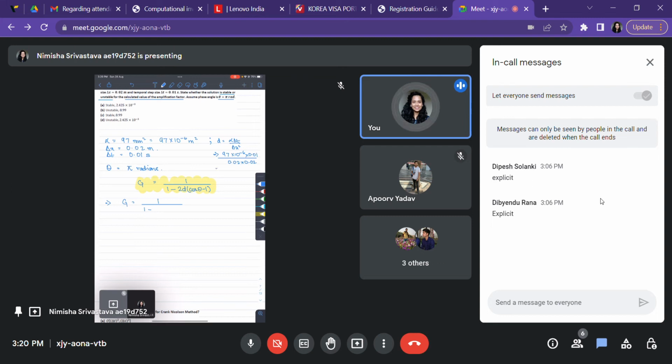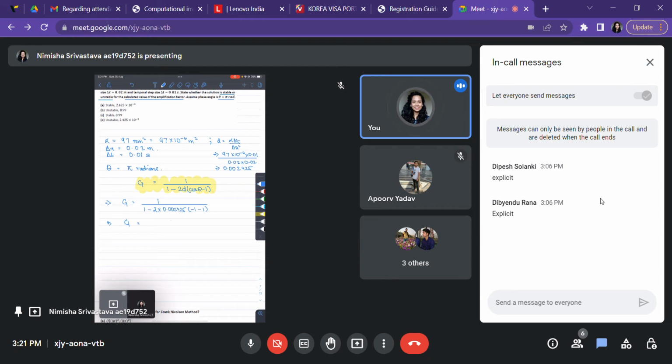Right, so then I have over here 0.00245. So 2 into 0.00425 into cos theta. Cos theta for me here is cos pi, which is minus 1.